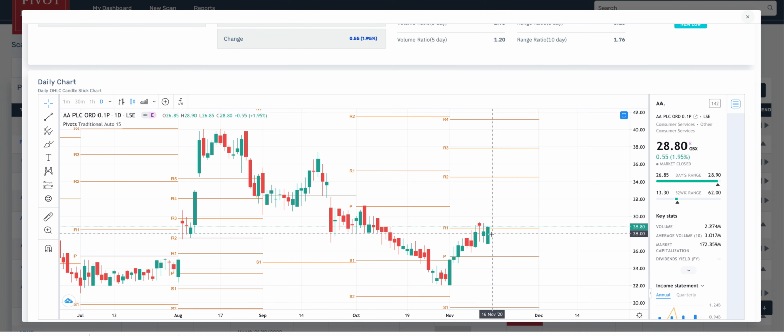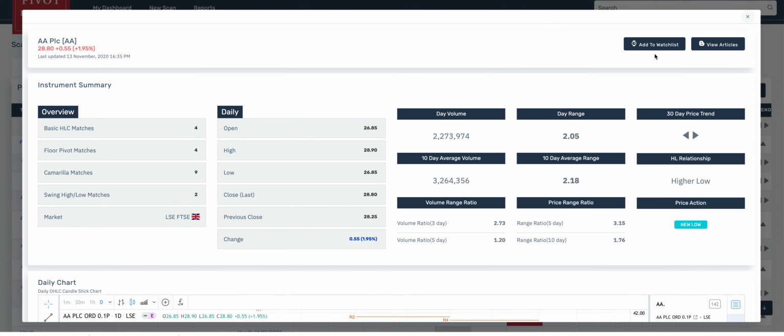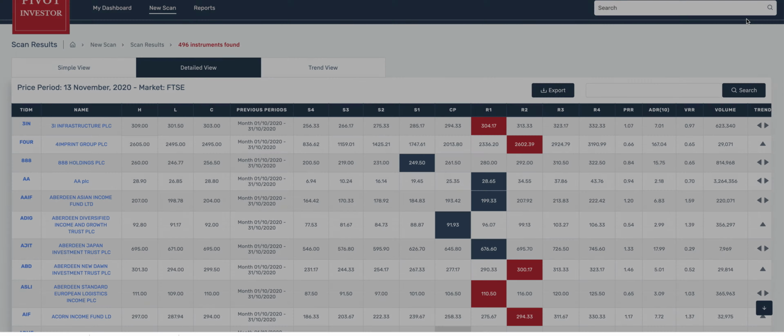So I'll be looking for tomorrow's session to see if price can hold above this pivot and take out the previous high, which is 29.20. Got 29.30 the day before, so I'll be looking for at least a break around 29.50 and then subsequently for price to hold with a target then to the R2 floor pivot at 34.50. So that's AA. So let's just add that to the list.